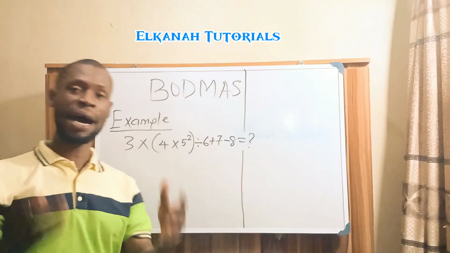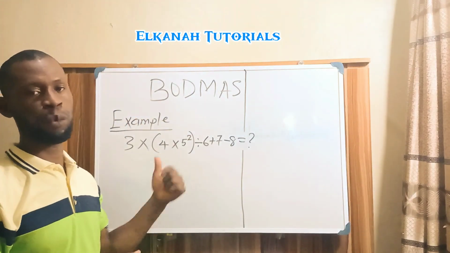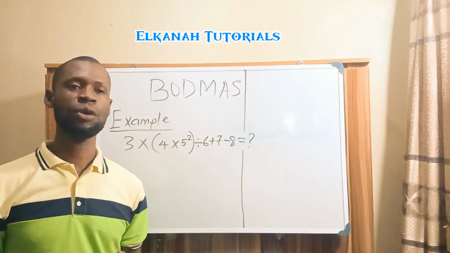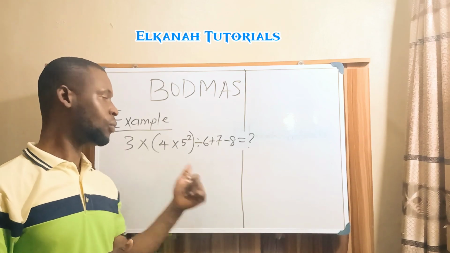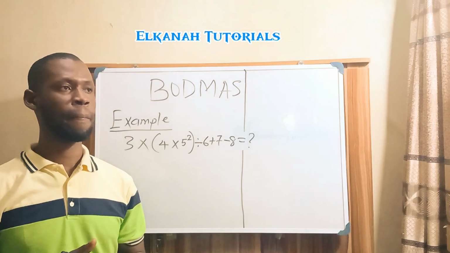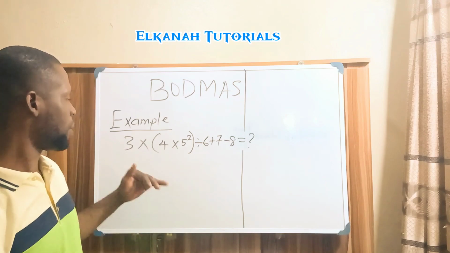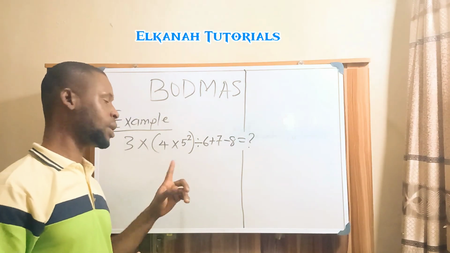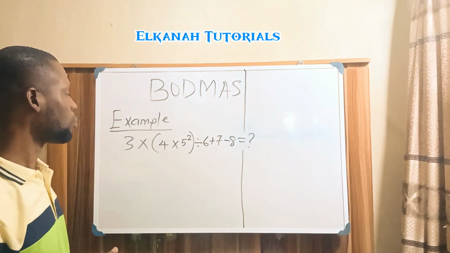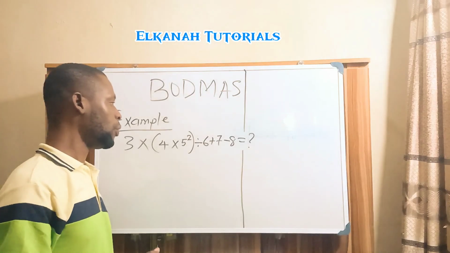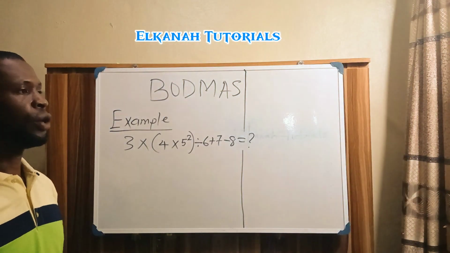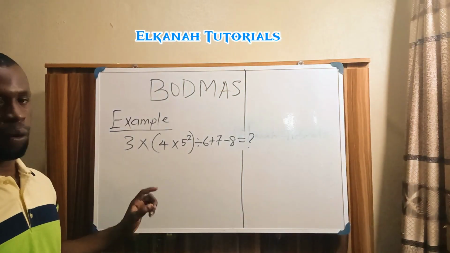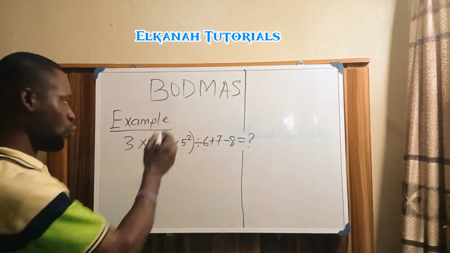Sometimes you may even be asked to solve this kind of problem without the use of a calculator. You are not expected to use calculators to solve this kind of problem. The only thing that can help you is the knowledge of the Bodmas rule.